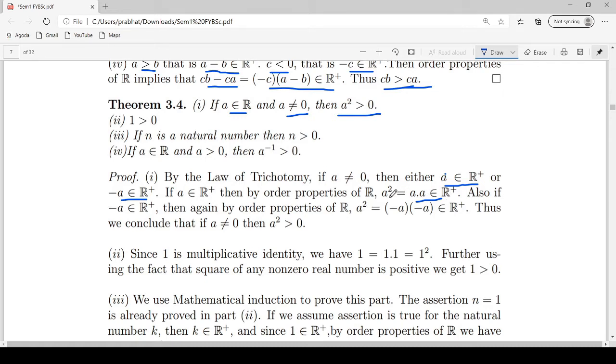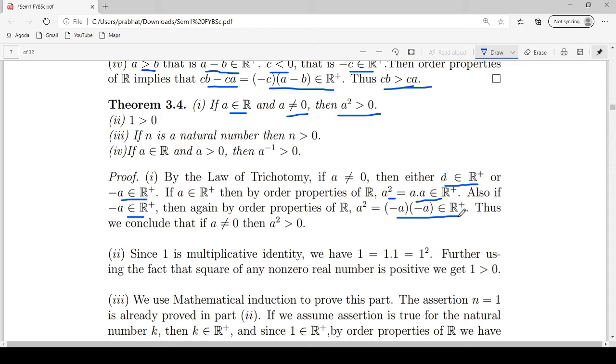But A into A is A square. So A square belongs to R plus. So in this case we have proved if A belongs to R plus, then A square also belongs to R plus. Second, we have minus A belongs to R plus. In this case, again we will use the order properties of our R. That means product of two positive real numbers is positive, and we will say minus A times minus A belongs to R plus.